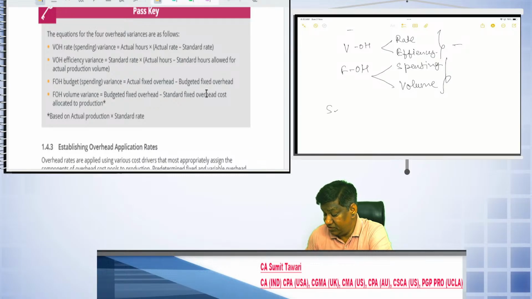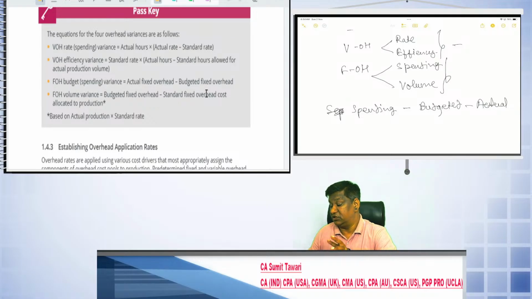I will generally write it in a reverse way, budgeted minus actual.